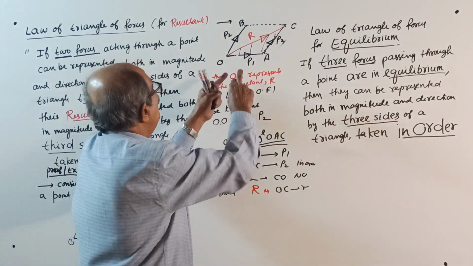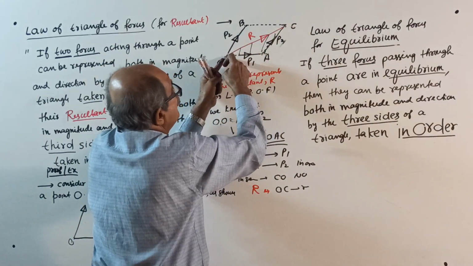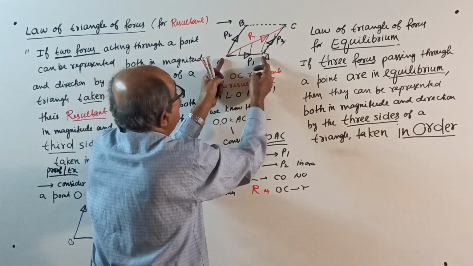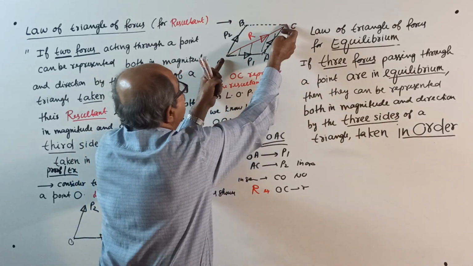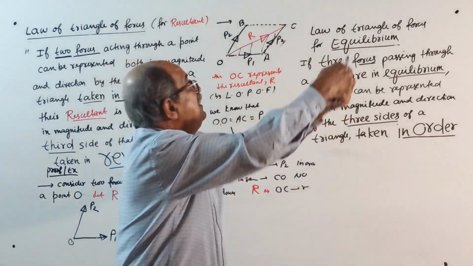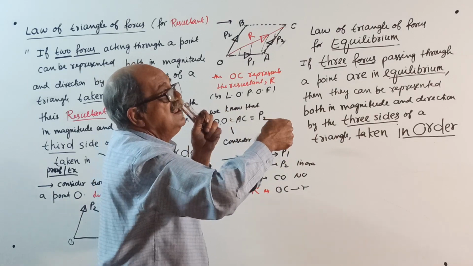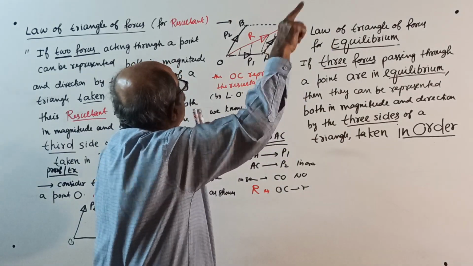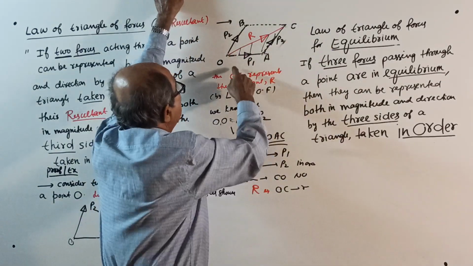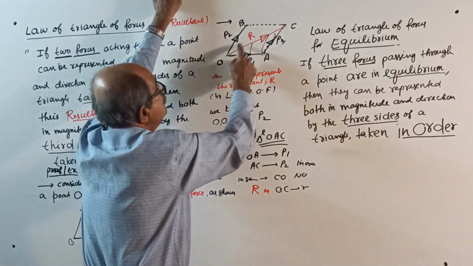See correctly, OA, AC and C. OA, AC, change the order: OC. When you consider a triangle, when you go round, in order is CO, reverse order is OC.